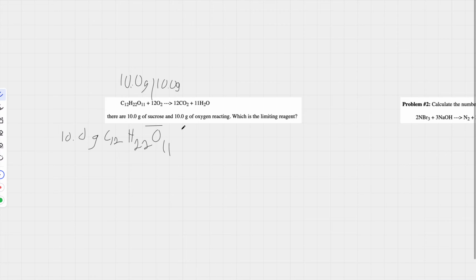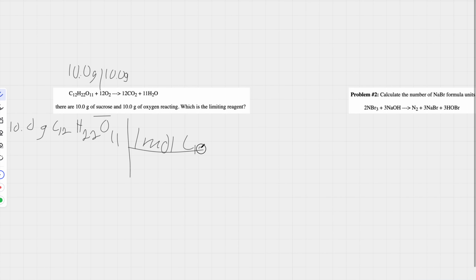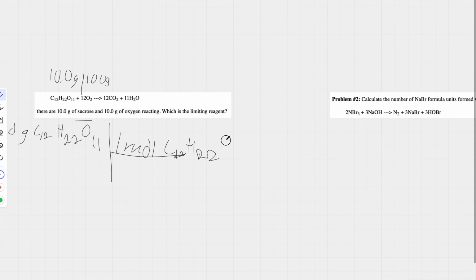Now, convert this using molar mass, obviously, from the other video. The molar mass of this is 12 times 12.01 plus 22 times 1.008 plus 11 times 16.